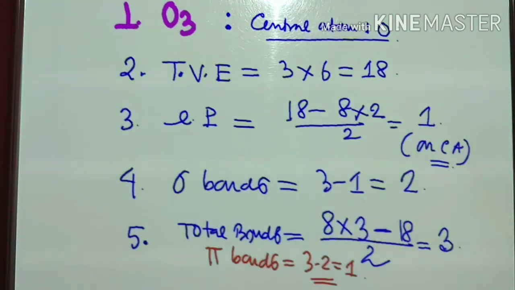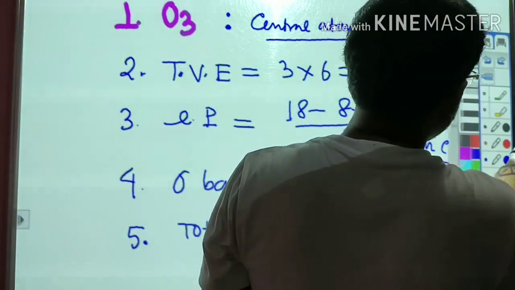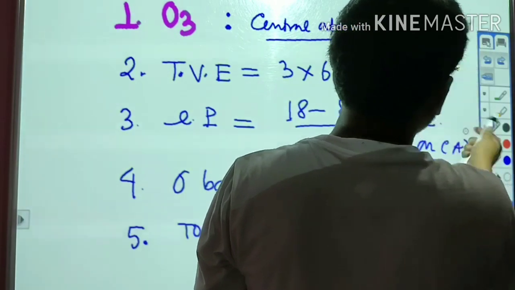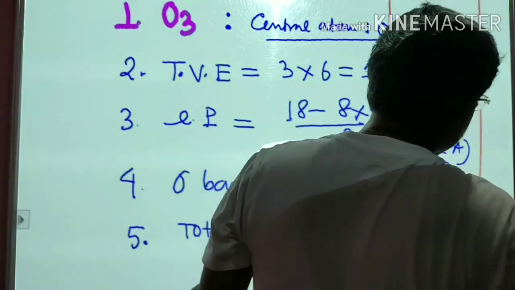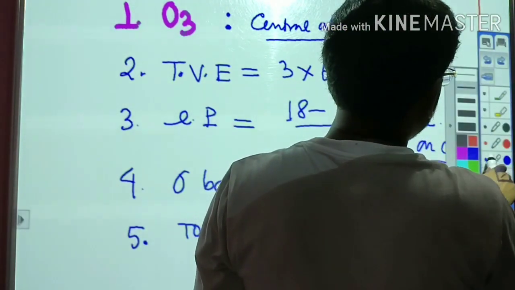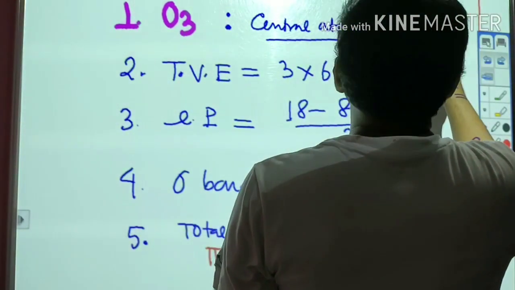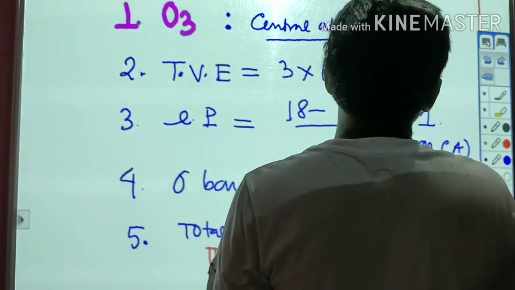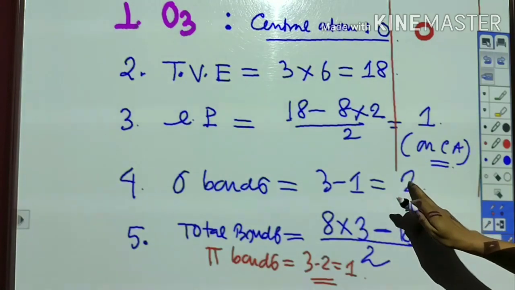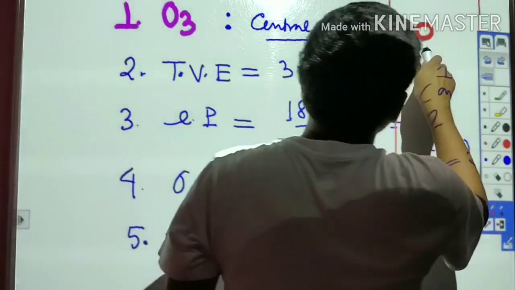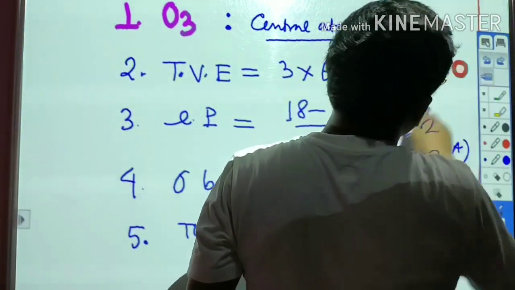Now let me draw the Lewis dot structure of O3. So central atom oxygen forms 2 sigma and 1 pi. 1 sigma with oxygen, another sigma with another oxygen.